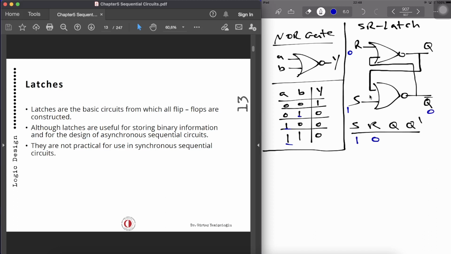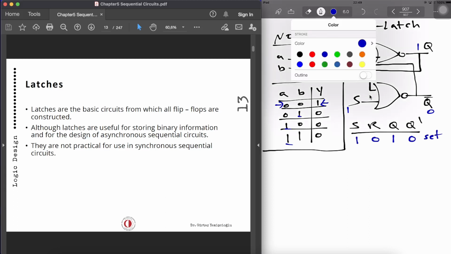This 0 is fed in over here, and when reset is 0 and the other input is also 0, the output is going to be 1. So when set is 1, Q is 1 and Q prime is 0. This is known as the set state. We are setting the output to be 1.